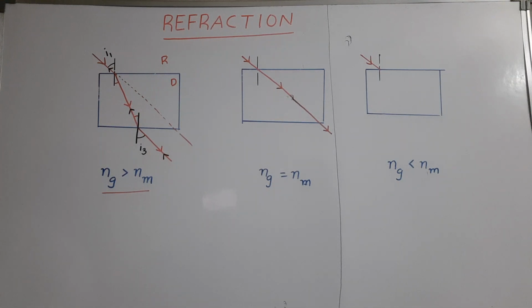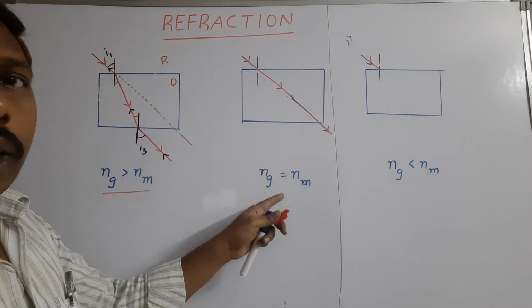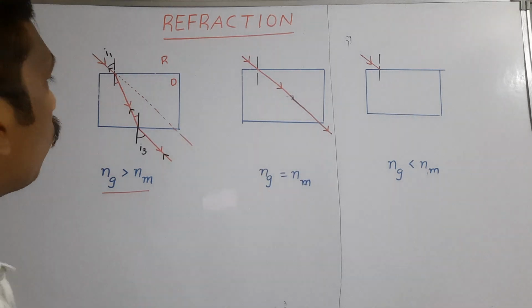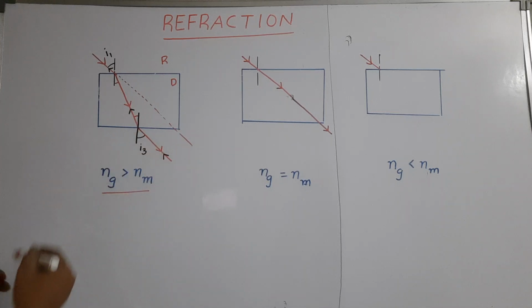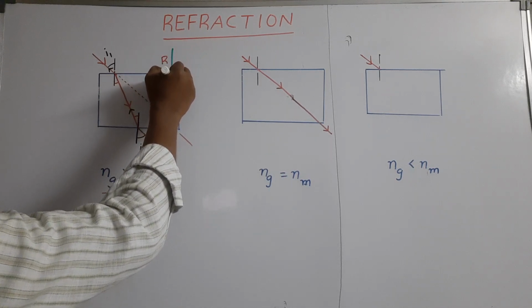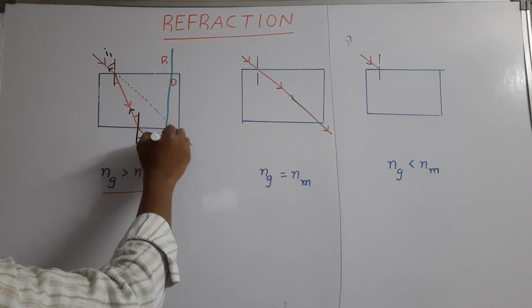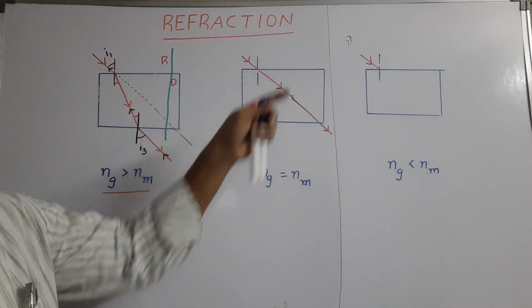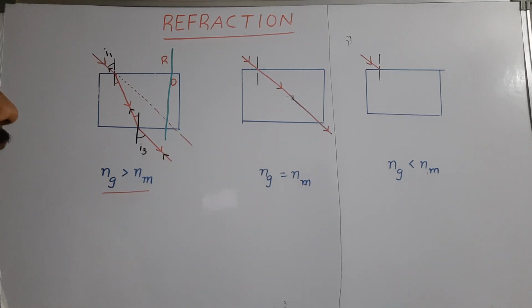So if refractive indices are equal, then whatever the angle of incidence may be, the light ray is undeviated. But if the mediums have different refractive index values, suppose the light ray is incident normally, in this case the light ray is undeviated. Different refractive indices, incident normally. Same refractive indices, whatever the angle of incidence, the light ray is undeviated.